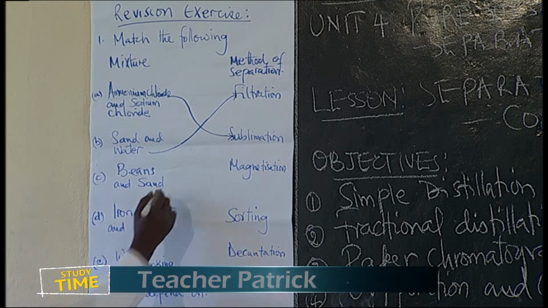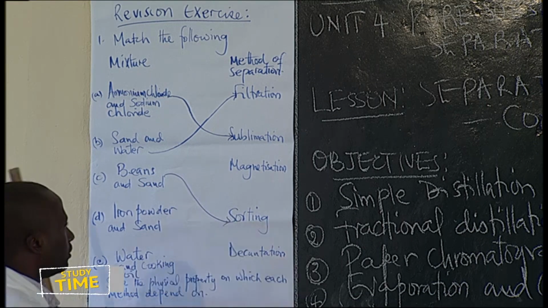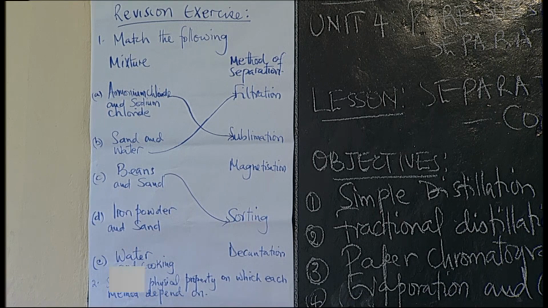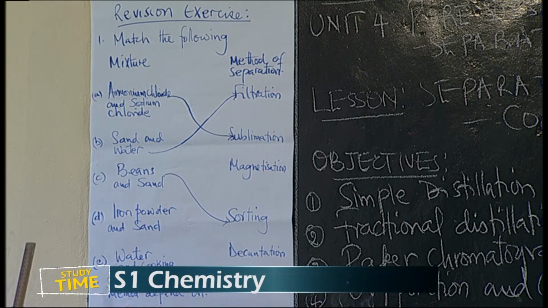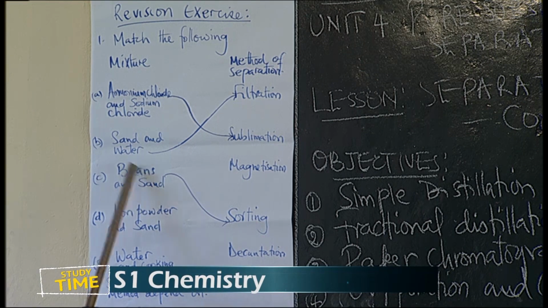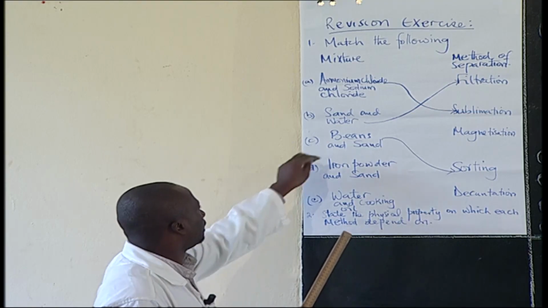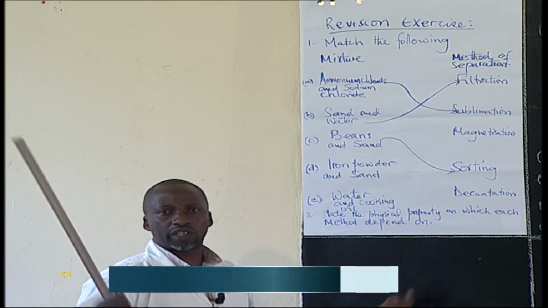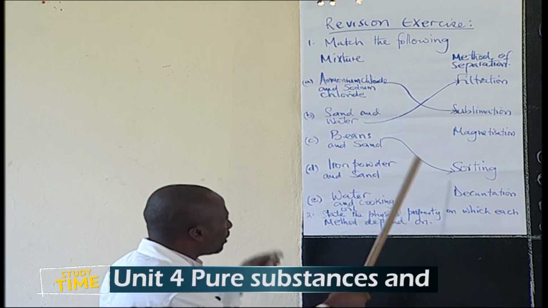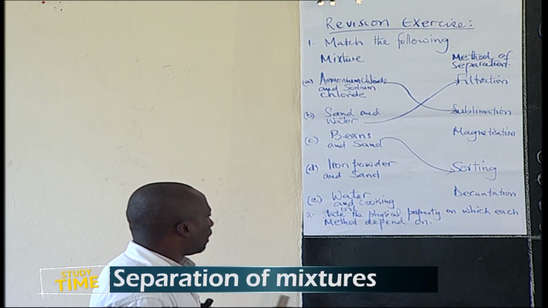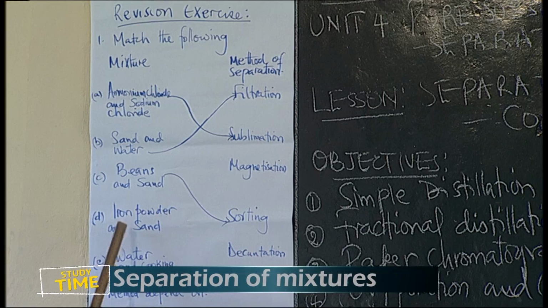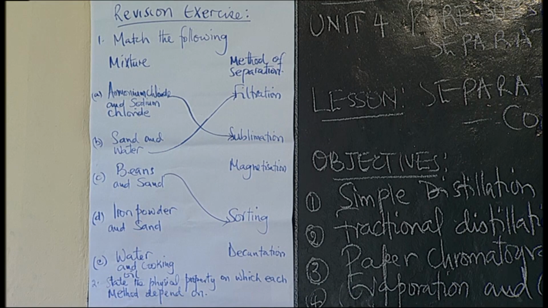Just do the picking or the sorting. One by one. Just pick one by one, and then you separate. So which physical property do we use here? The sand and the beans do not have the same sizes, so that is why we are using sorting. Let's go to iron powder and sand.